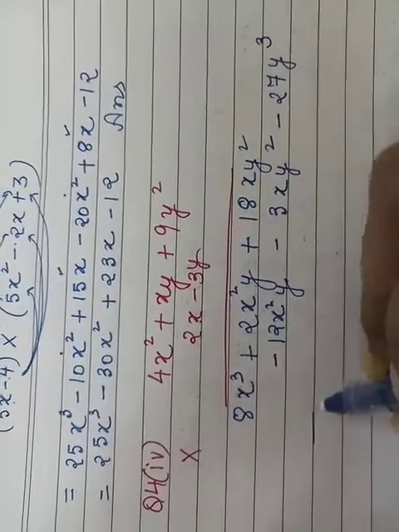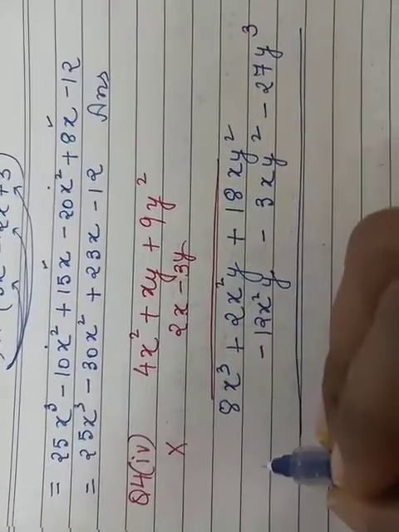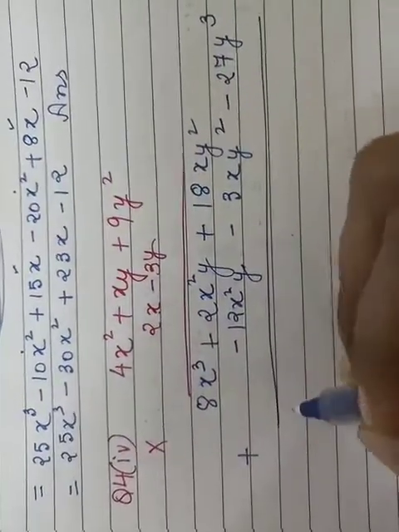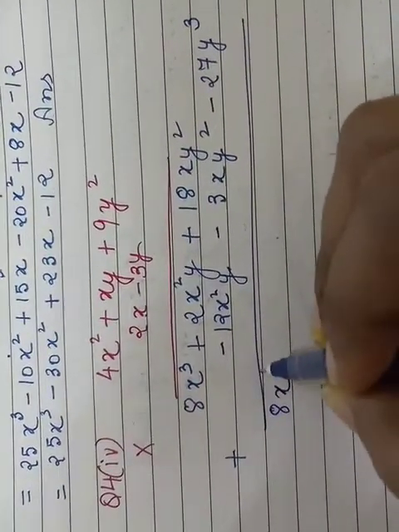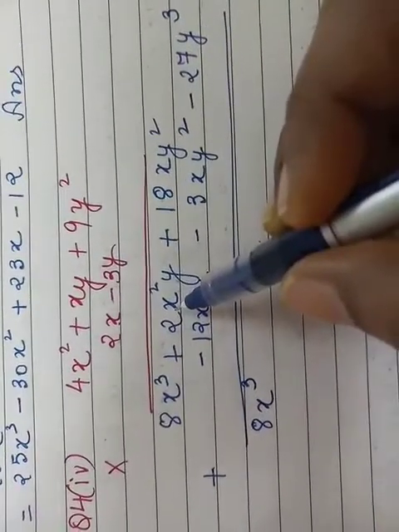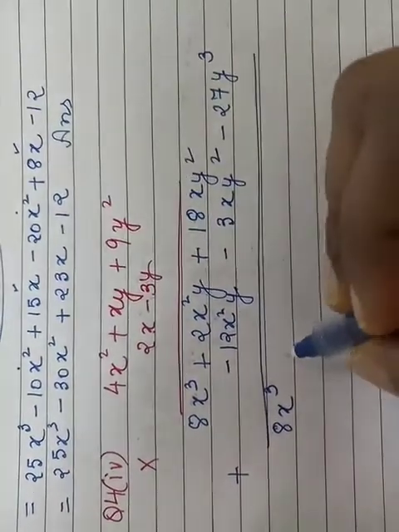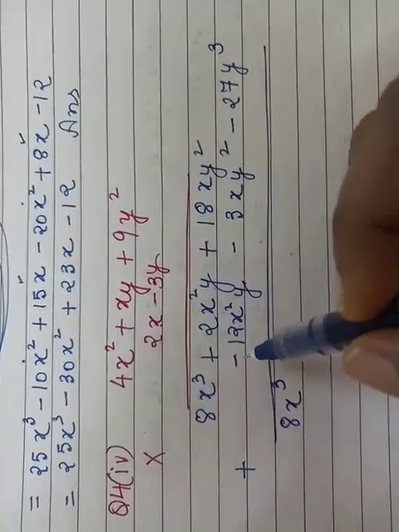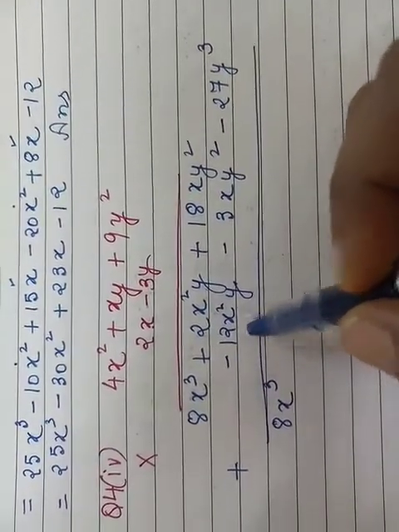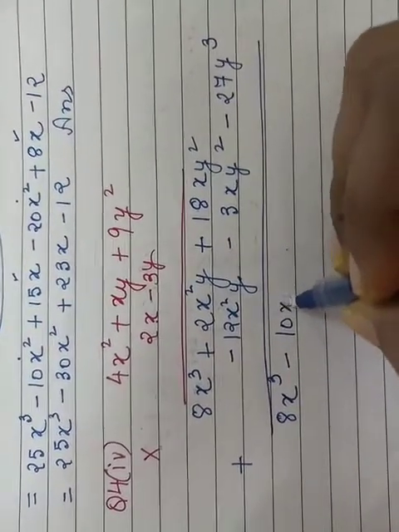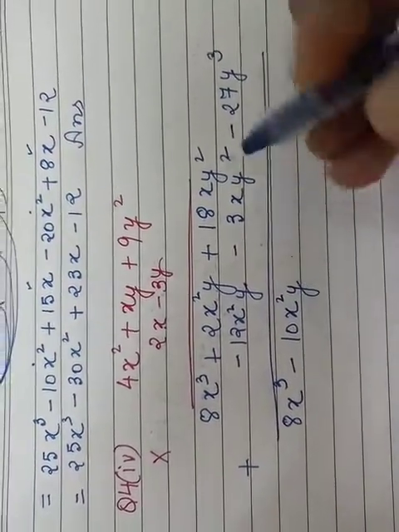Now after multiplying, what we do, we add both the algebraic expressions. So what we get, it is 8x cube. We write it as it is. This is plus 2 and this is minus 12. So what we'll get? Plus minus minus, sign we always put of the greater numerical value, that is minus 12 minus 2 will give you 10 x square y.